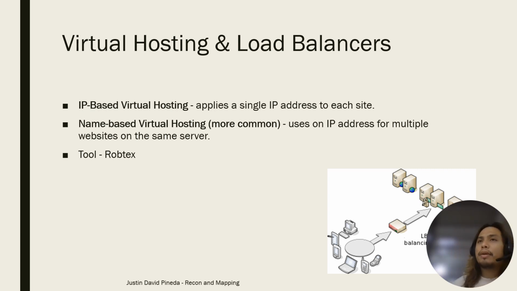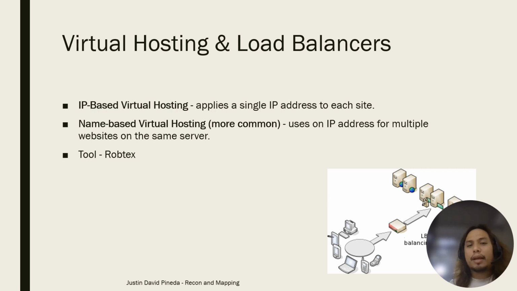This is very important because you have to separate this in your scoping. You don't want to be targeting applications that are of different ownership. Otherwise, you might face legal problems and contractual problems as well.